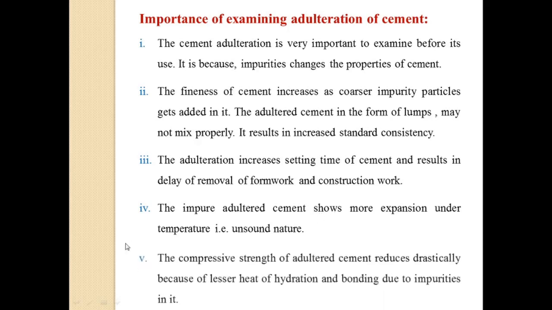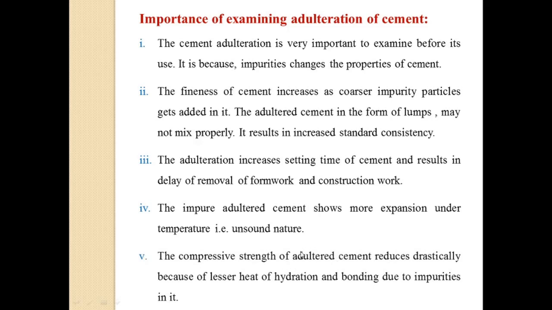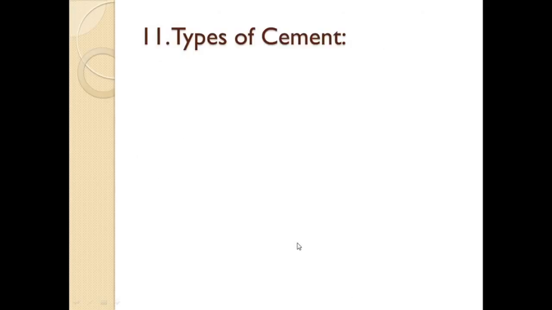Okay, next, the compressive strength of adulterated cement reduces drastically because of the lesser heat of hydration and bonding due to the impurities in it. Means the heat of hydration and bonding of adulterated cement is less, and so the compressive strength of cement reduces drastically.